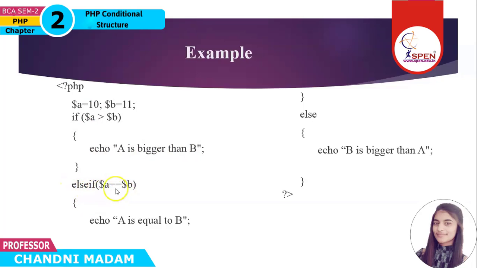In the else if statement we have passed one condition: if $A equal to $B. In our case $A is 10 and $B is 11, so this condition is also not true because both are not equal. So it automatically executes the else part, B is bigger than A. Here the output is B is bigger than A. So if-elseif-else is a combination of if and else statements.